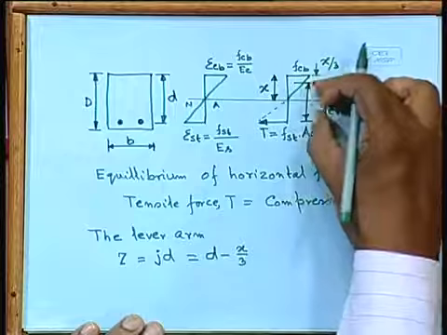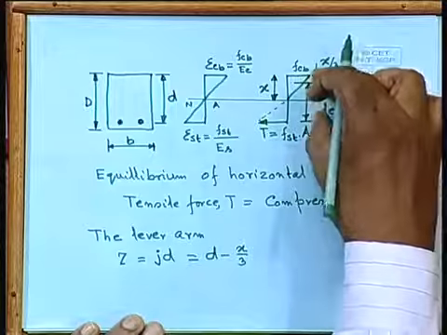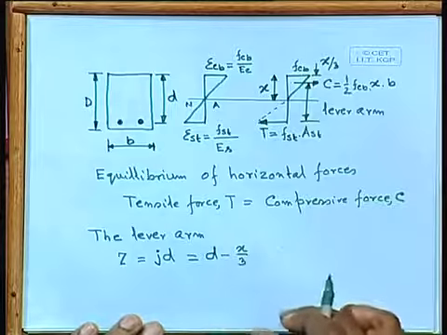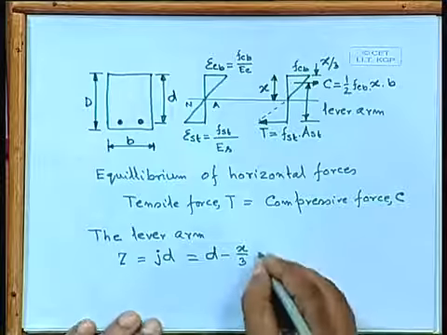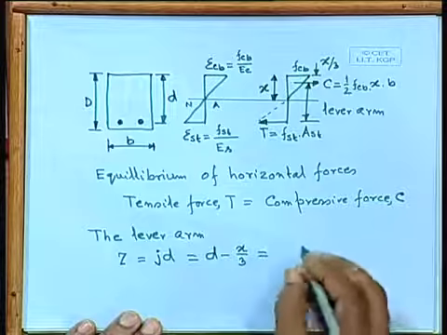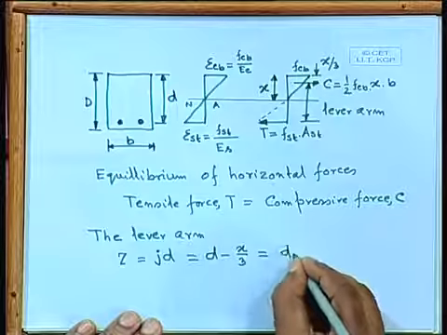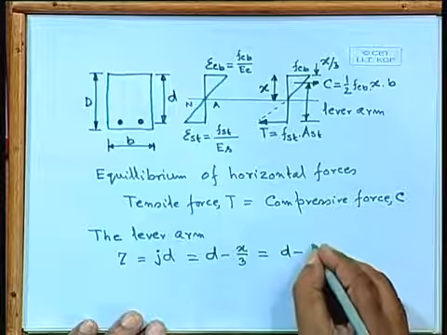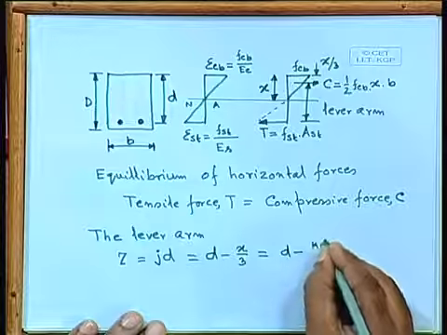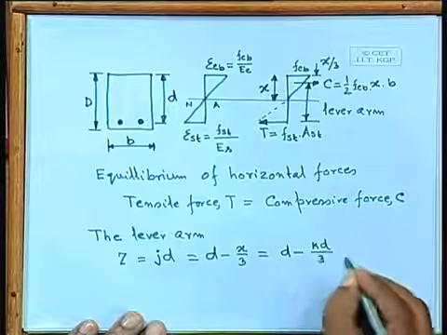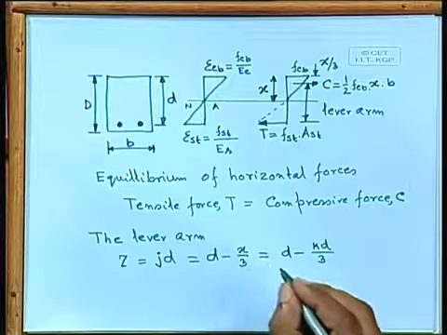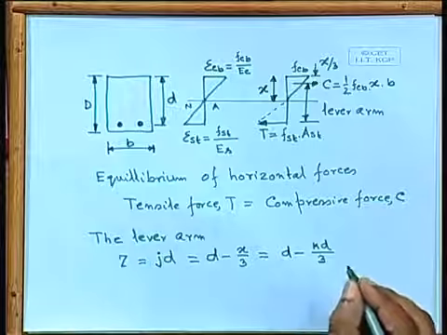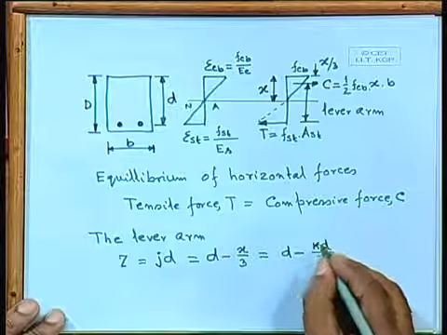So this will be equal to D, effective depth, minus x by 3, that will be your lever arm, which again we can write down x as another parameter, say KD. I am assuming x is another fraction of the effective depth. We are considering everything in terms of effective depth. So another fraction, say K.